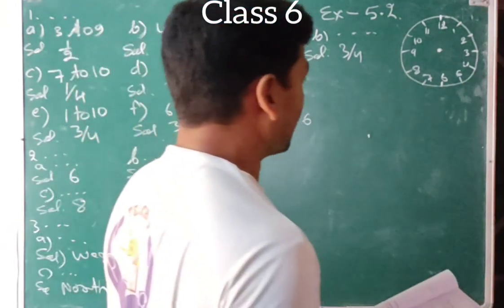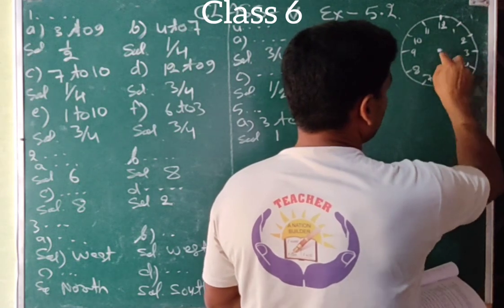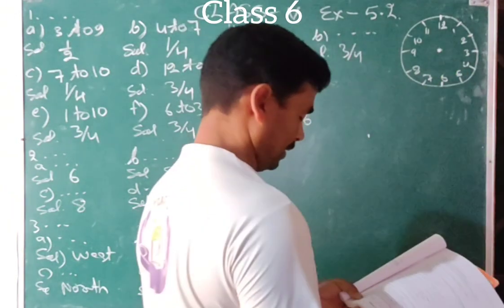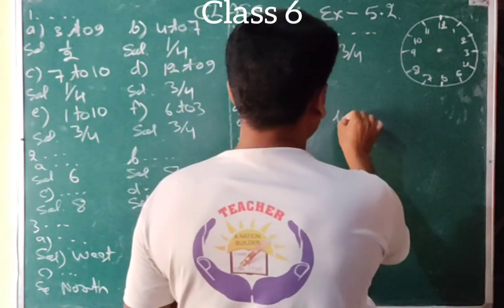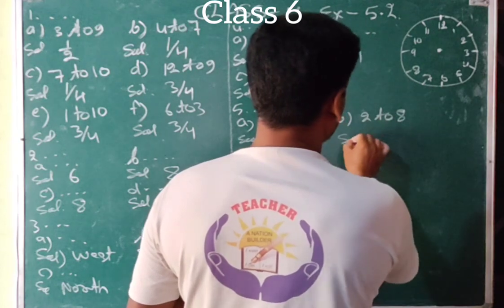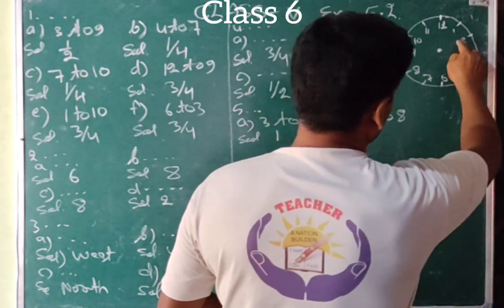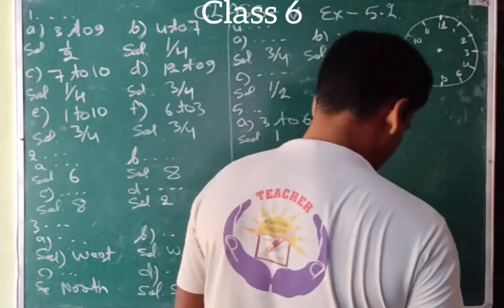A right angle means a 90-degree angle. B part, 2 to 8, that means here to here, that will be 2 right angles.